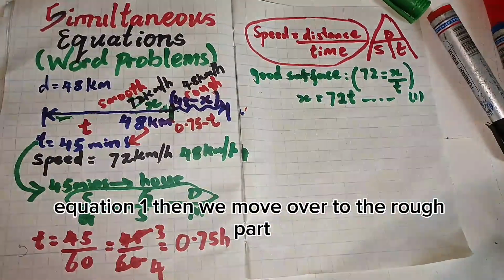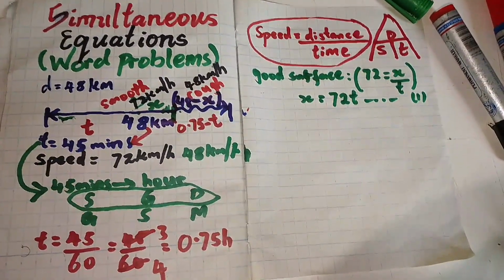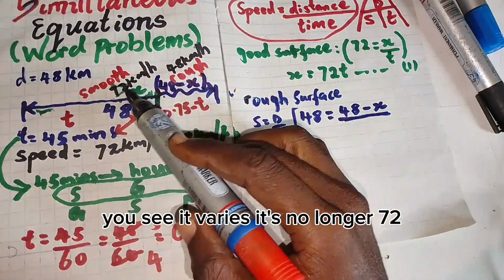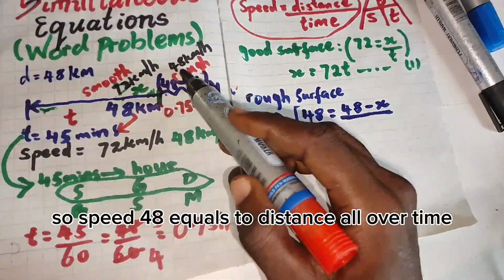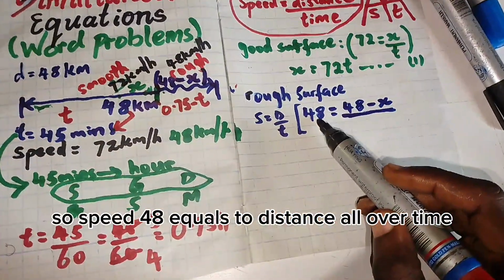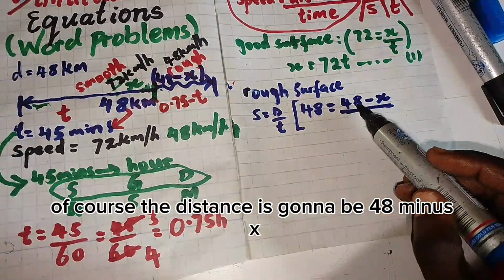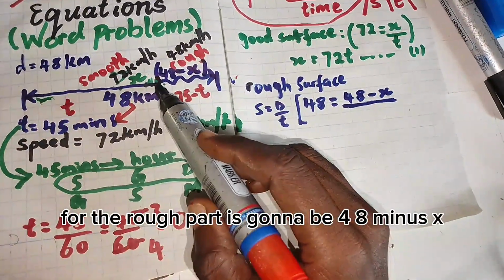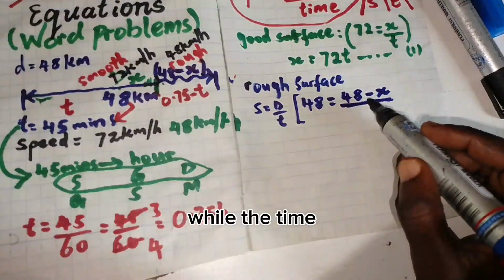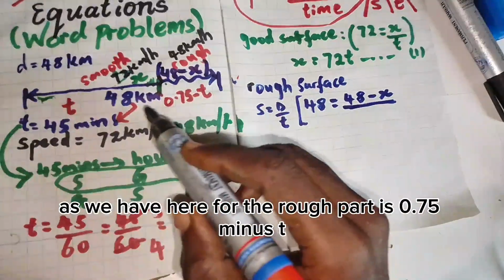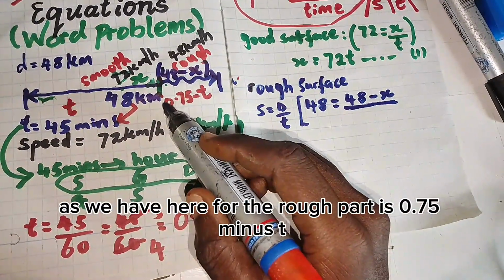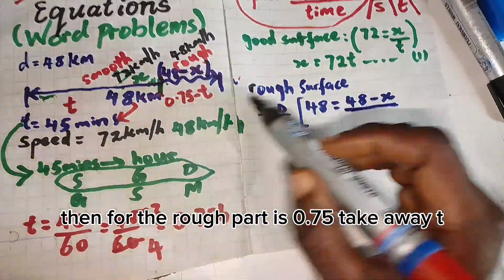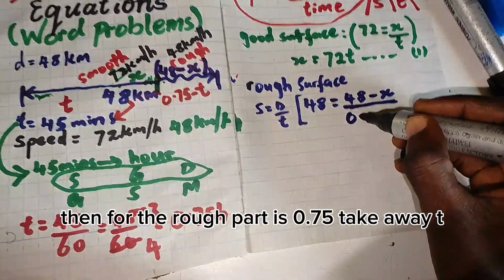Then we move over to the rough part. On the rough part, the speed varies. It's no longer 72, it changes to 48. So speed 48 equals distance over time. The distance is going to be 48 minus x, because for the smooth part the distance is x. The time for the rough part is 0.75 minus t, because for the smooth part we assume the time is t.